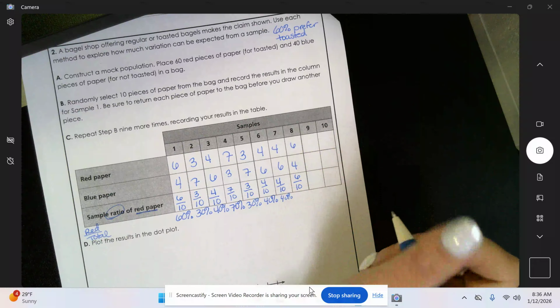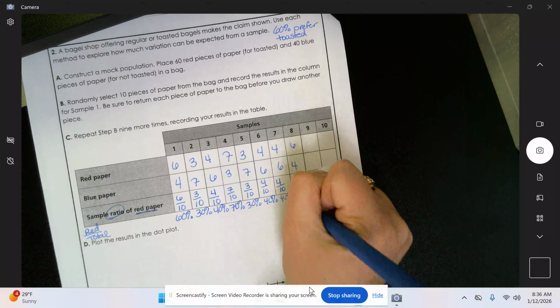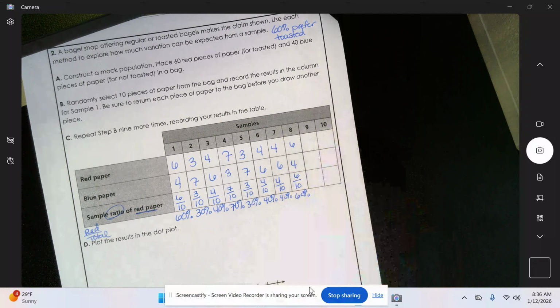Which would be what percent? 60%. Alright, 9. 2 red, 8 blues.